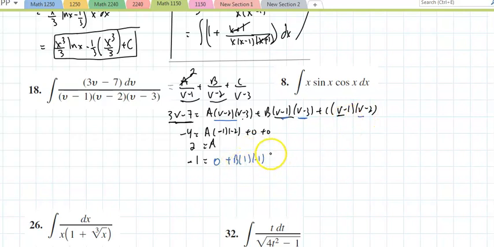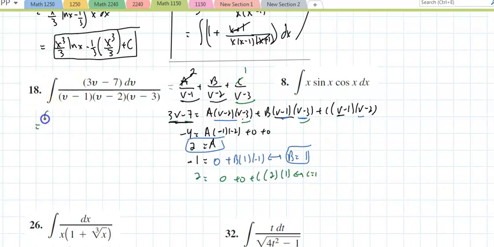Automatically, that means b equal a 1. And if I let v equal 3, 9 minus 7 is a 2. A 3 in there, that's a 0. A 3 in there, that's a 0. And a 3 in there, that will be c times 3 minus 1 is a 2. And 3 minus 2 is a 1. That means c is 1.